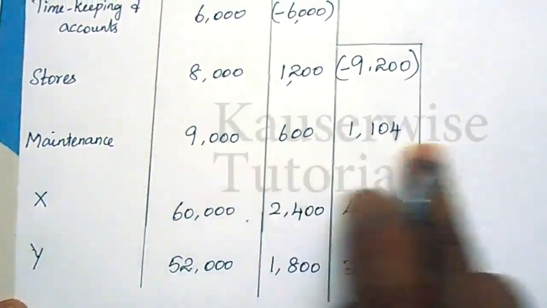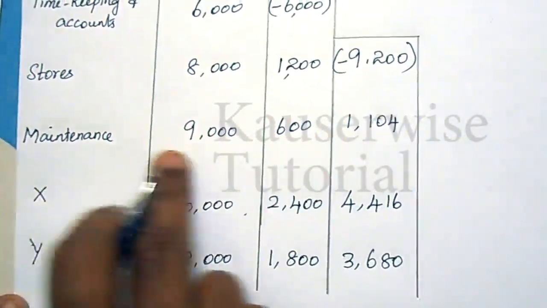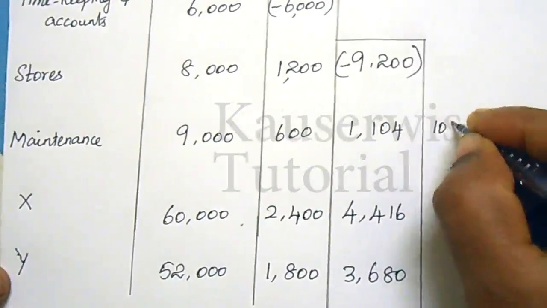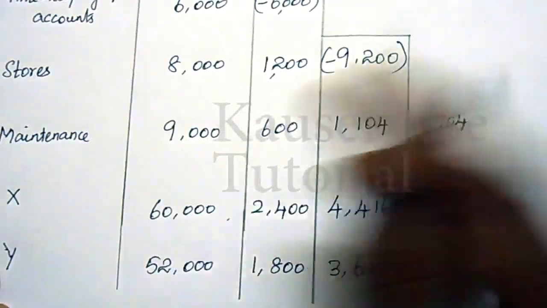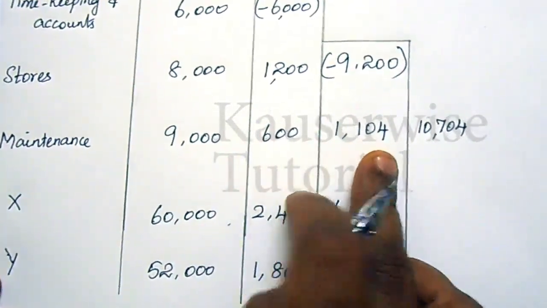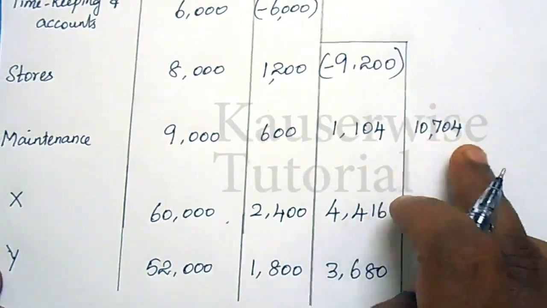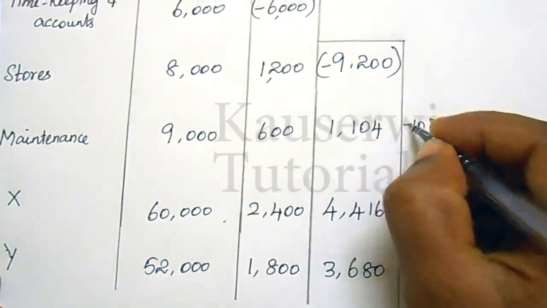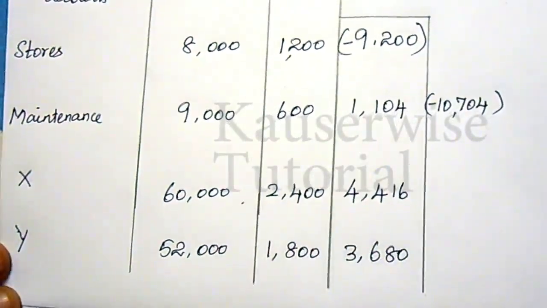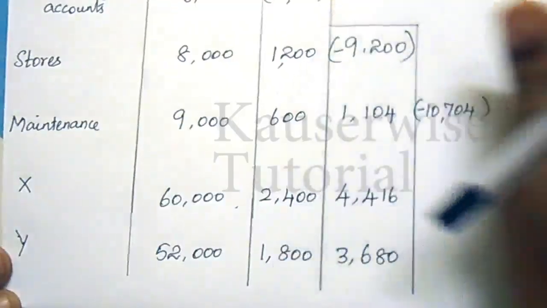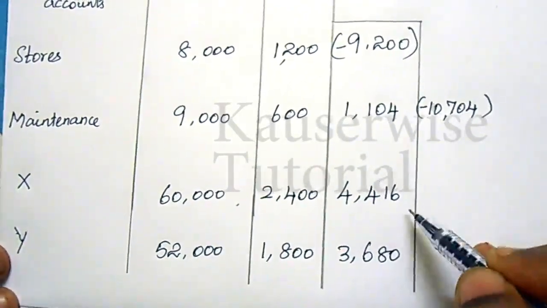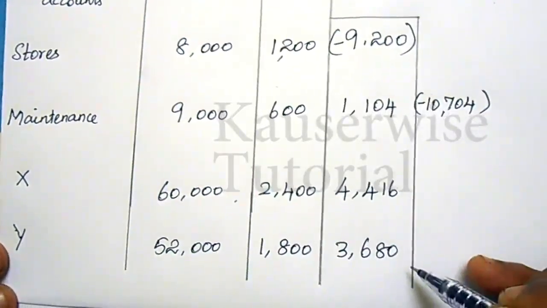Now go for the third one, maintenance. The maintenance total overhead is 10,704. That is 9,000 plus 600 plus 1,104 rupees, total 10,704. This amount will be transferred to the 2 production departments, because all other departments are exhausted and we have only 2 production departments. So this will be transferred to X and Y according to the basis of apportionment.